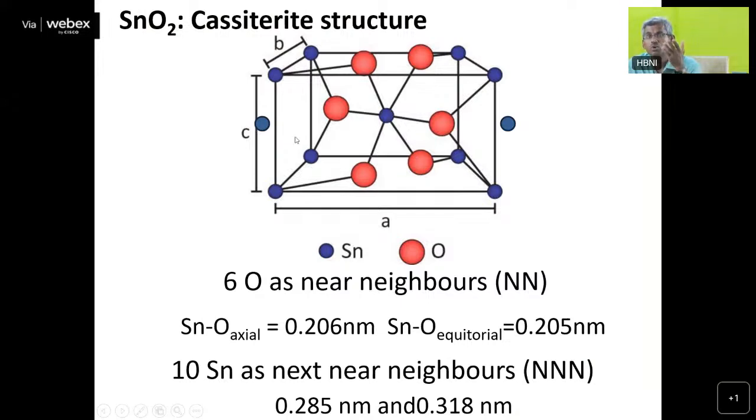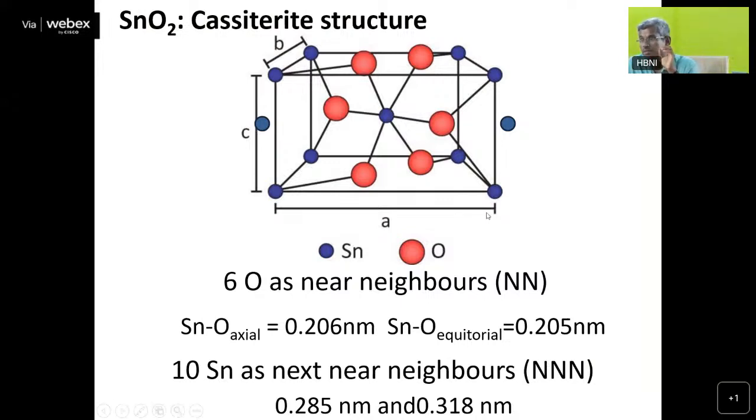If you consider it horizontal, 5 tin on the left side and 5 tin on the right side. So there are 10 tin as next near neighbors. That is what I have written here. 10 tin as next near neighbors. 6 oxygen as near neighbors and 10 tin as next near neighbors, and their distance is different.